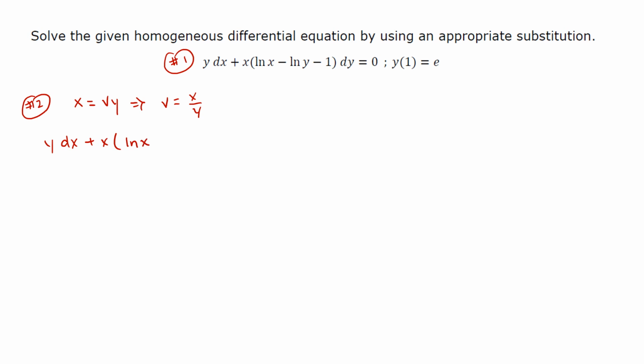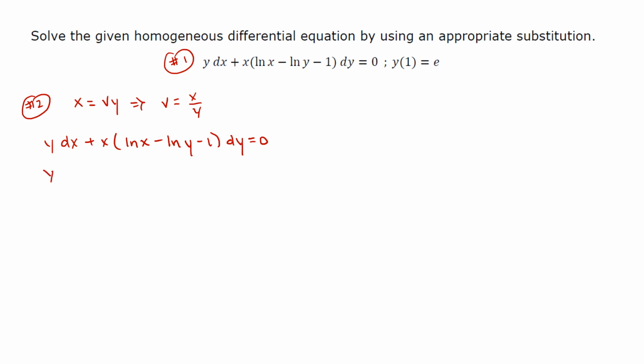times the natural log dy equals 0. Okay, we are then going to substitute in the differentiation of v.